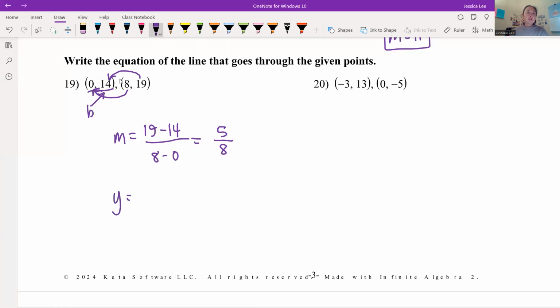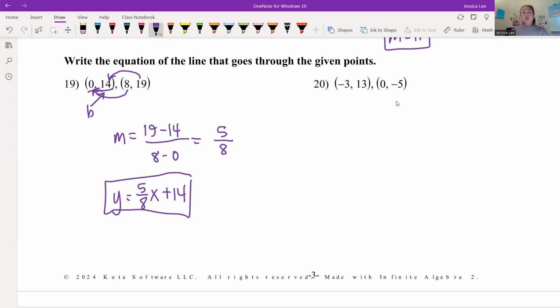Y equals, remember it says write the equation. What is our m? 5/8. Comes after that, our x. And then our b, because remember that's if the x coordinate is 0, then you're going to stay right at the middle on the y-axis and you're going to go up 14. Right, so that's going to be our y-intercept. Just like that. There's our equation.